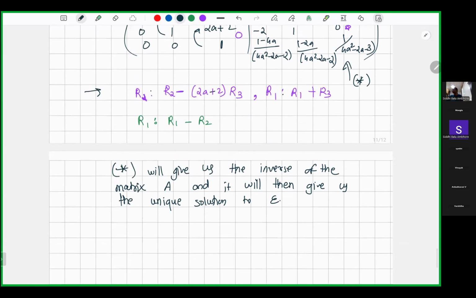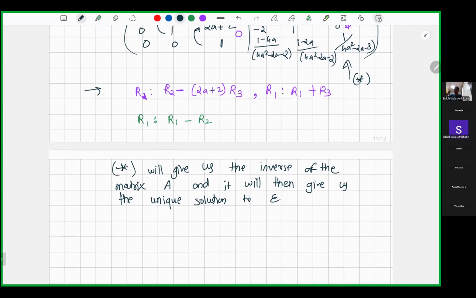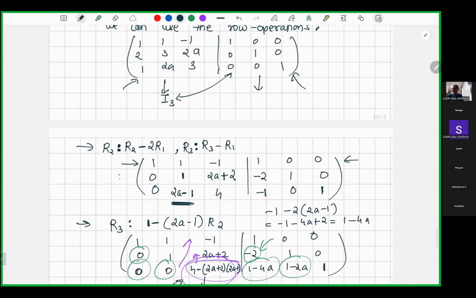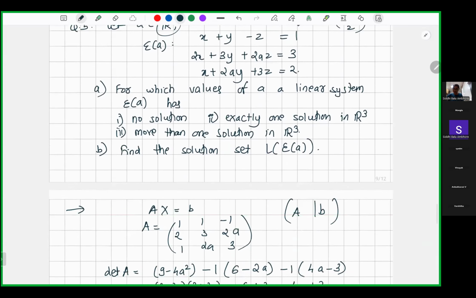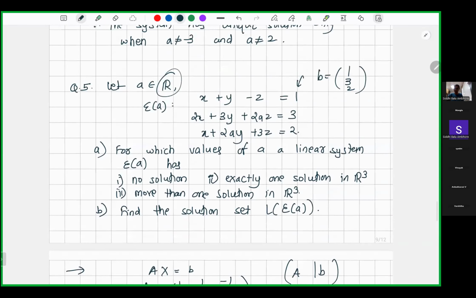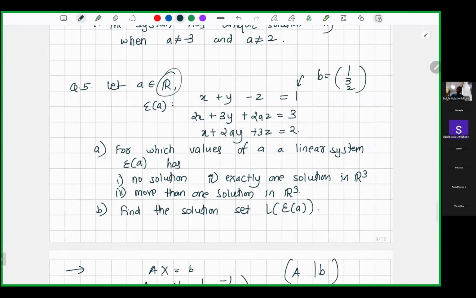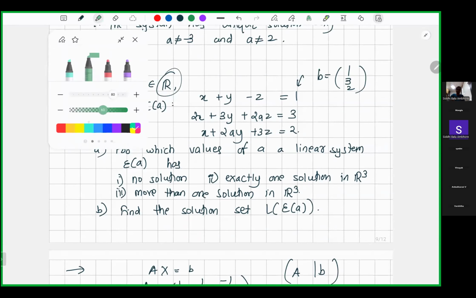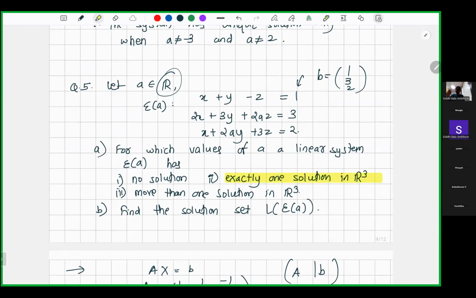And about the no solution case, let us just start and see how much we can do. To understand when the system has no solution, we are done with this: the system has exactly one solution in R3 for A not equal to 3 by 2 and not equal to 1.